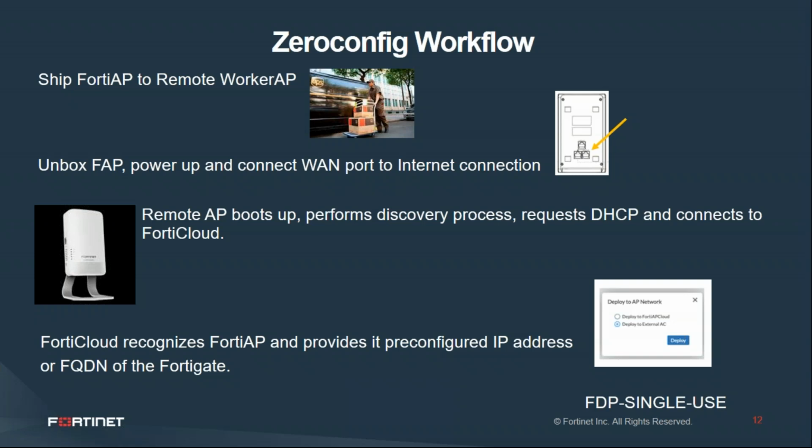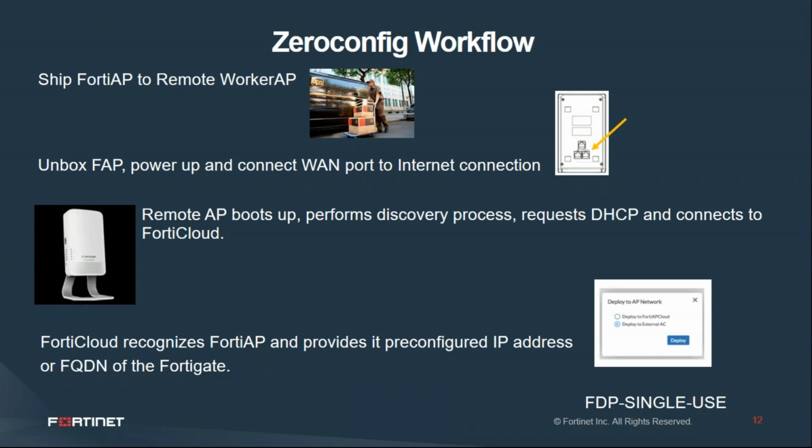It sends out multicast and broadcast packets out its Ethernet port to see if there's a FortiGate connected on the same broadcast domain that you've plugged the access point into. If it discovers a FortiGate, then it assumes that it's a FortiGate managed access point, and it'll automatically show up on that local FortiGate's interface for you to join it into the network.